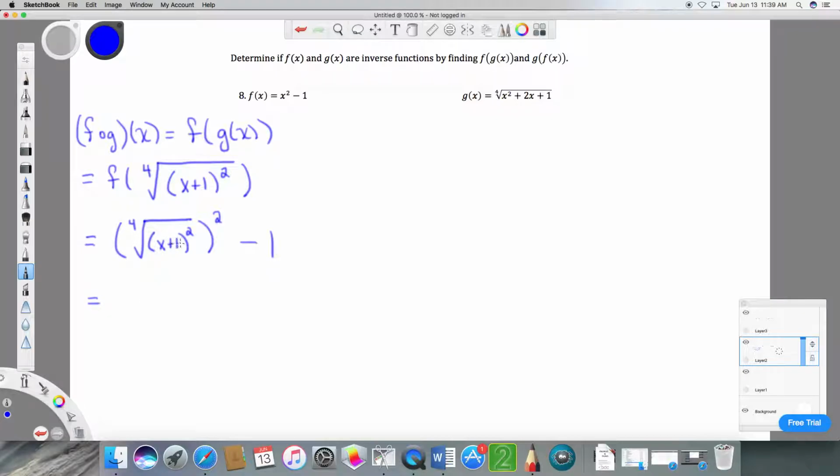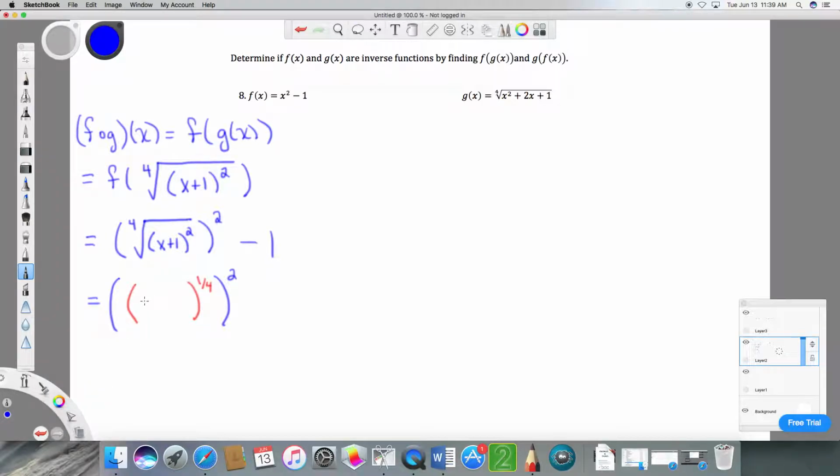To try to simplify this, let's write this as rational exponents. Instead of writing the fourth root with this radical, I can write it as an exponent of the 1/4 power.